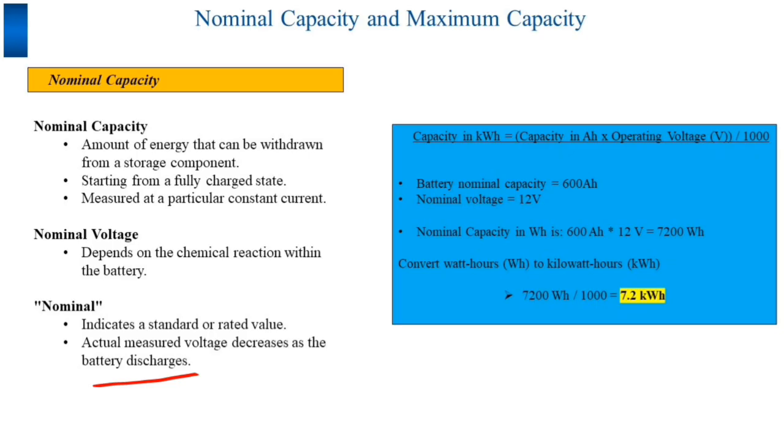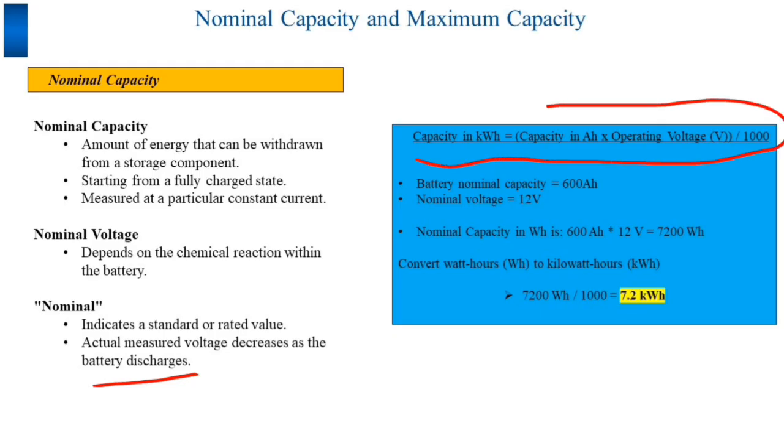So how do we calculate the capacity of a battery? Basically it will be calculated in kilowatt hours. So the capacity of a battery in kilowatt hours can be calculated by using this particular formula.